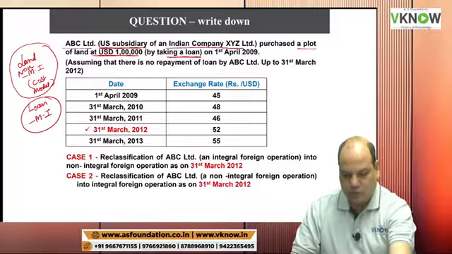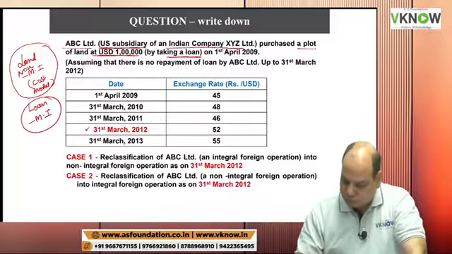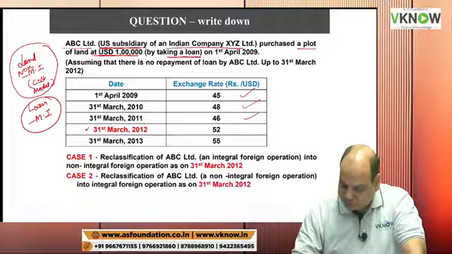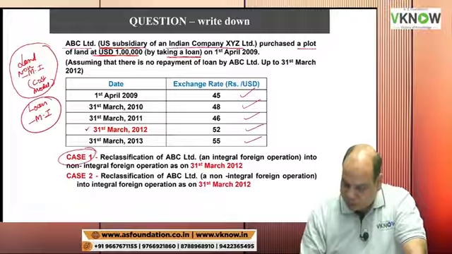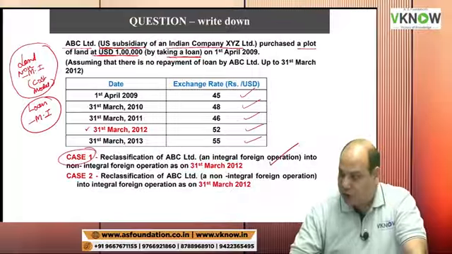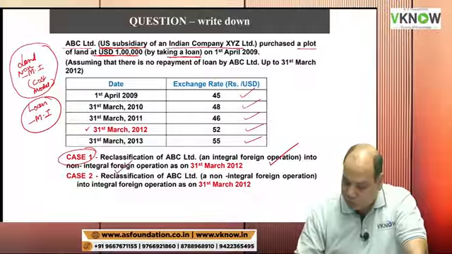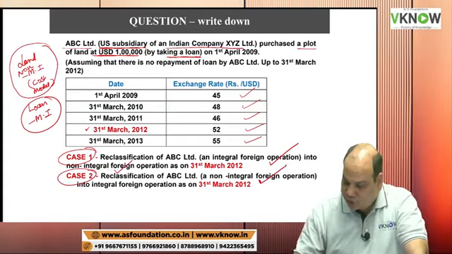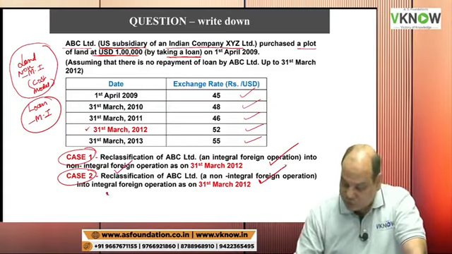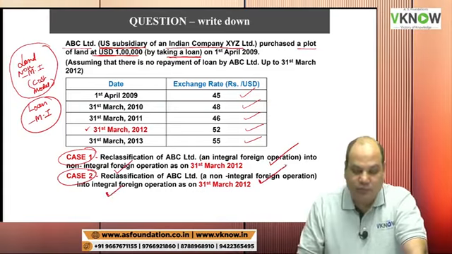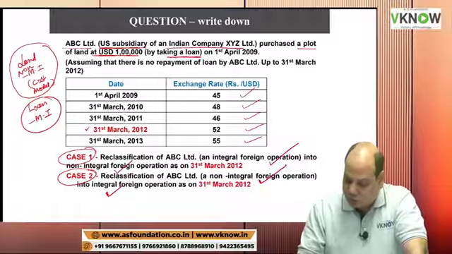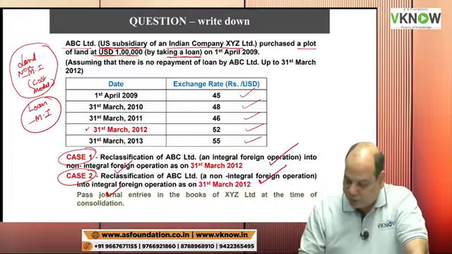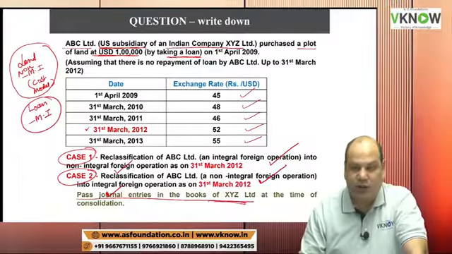Okay. Now there are different rates given. In case 1, originally it was IFO, now it is NIFO. Whereas in case 2, originally it was non-integral, but now it is integral. So please solve by writing case 1, pass journal entry in the books of XYZ Limited at the time of consolidation.